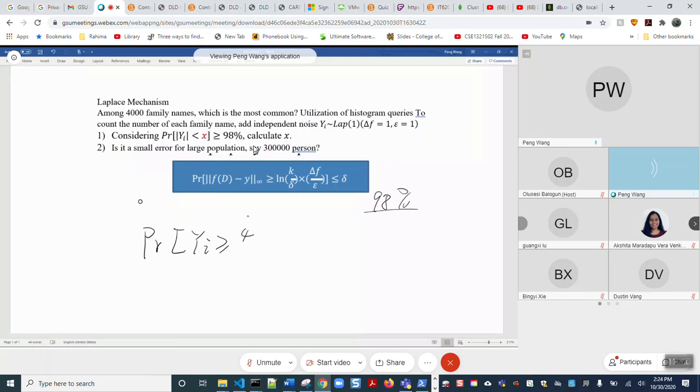Let me see. This is 4,000, and so this one will be 0.2. So it will be 4,000 for the two families, divided by 2%, 0.2, and make sure it is less or equal to 8%.